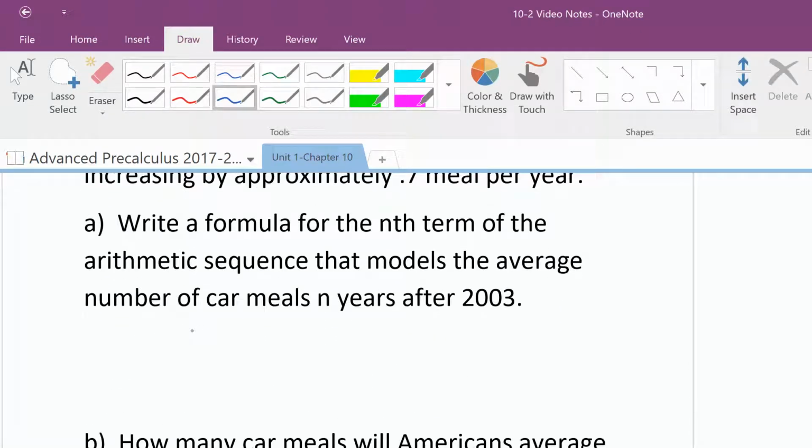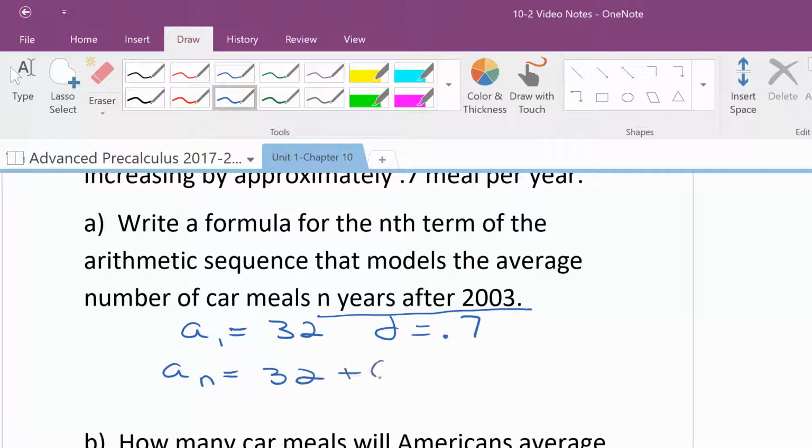Our first term is 32 meals. The difference is an increase of 0.7 per year. So a sub n is equal to 32 plus n minus 1 times 0.7.